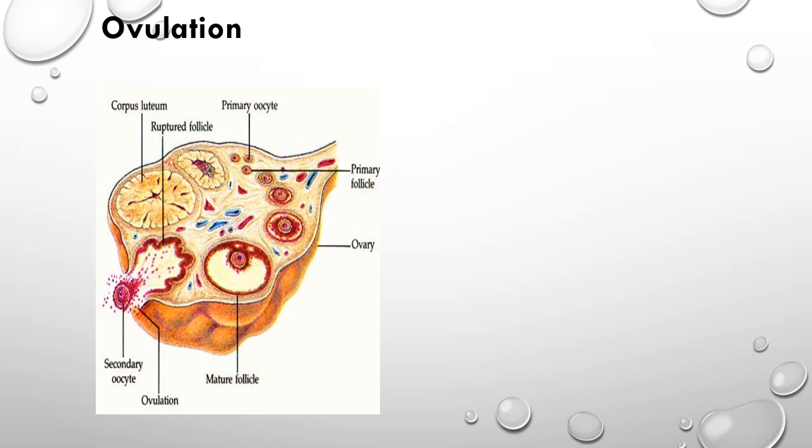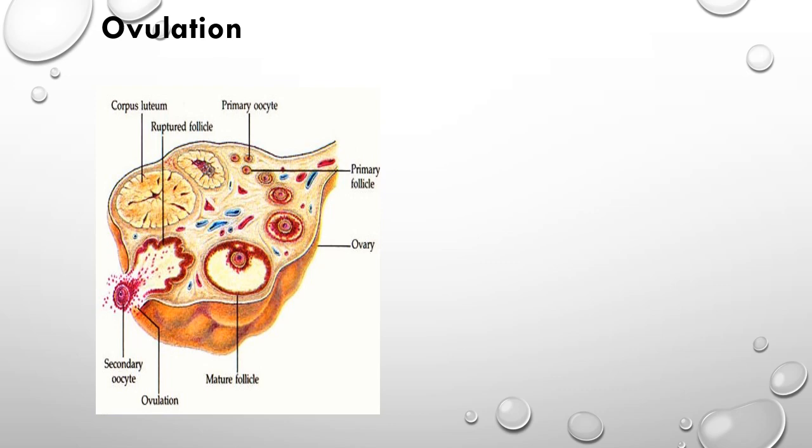So ovulation is the most important step where there is release of the mature ovum from the Graafian follicle of the ovary.